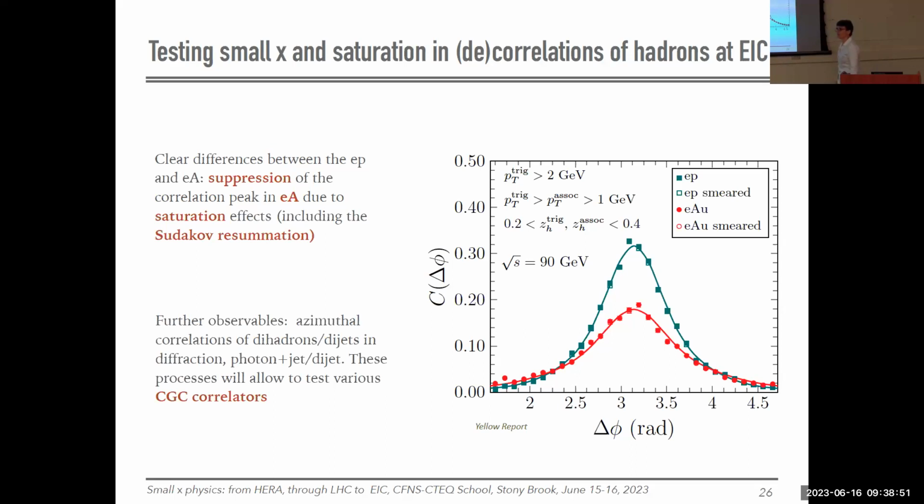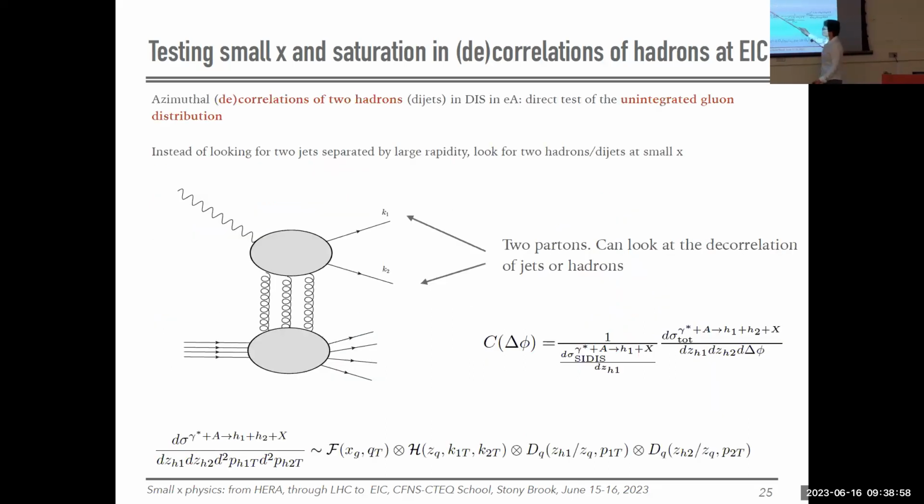Yeah. But why are we calling them dihadrons? I thought they were dipartons. So yeah, of course we calculate partons here, and then the question is what do you look at? You can look at jets, right? Or you can look at hadrons, right? Ideally you would like to measure both, but it may be preferable to measure one or the other depending on the type of detectors one has, right?